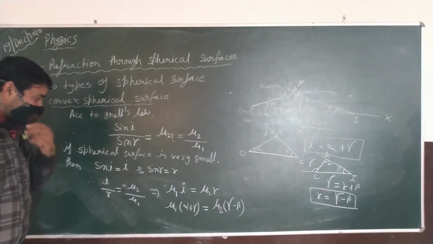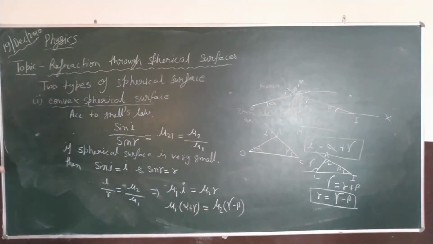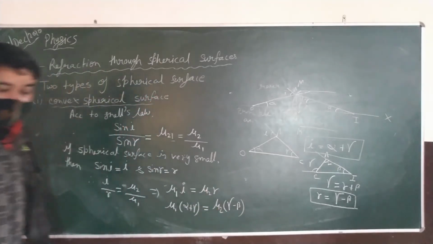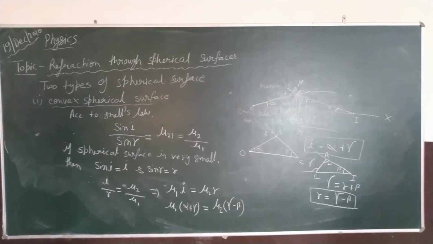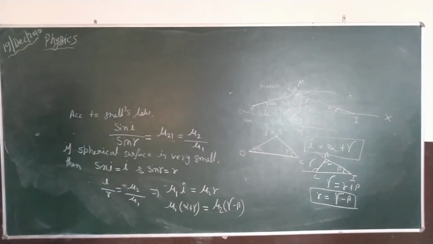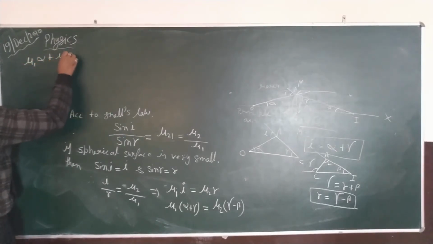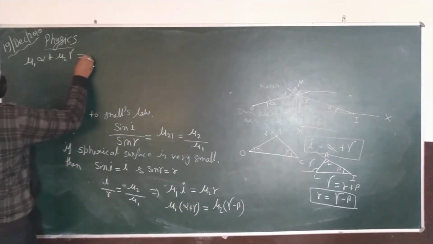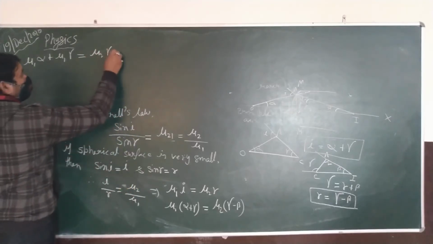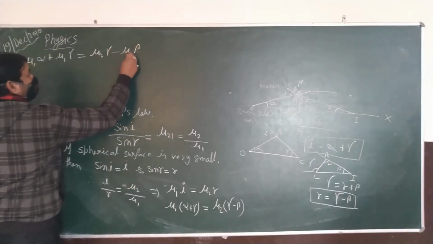Okay, now multiply inside and find the value of gamma on one side and alpha on the other side. Calculate it. So we get from here mu1 alpha plus mu2 gamma and mu2 gamma minus mu1 mu2 beta.